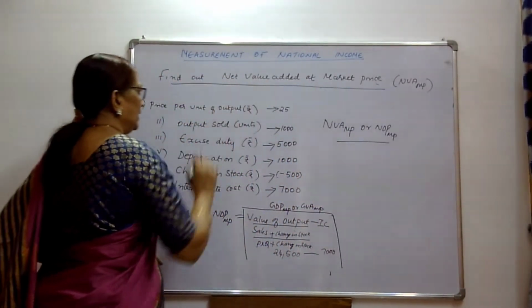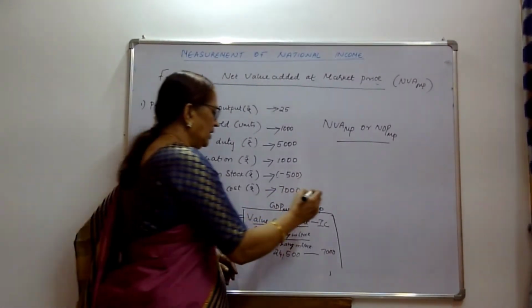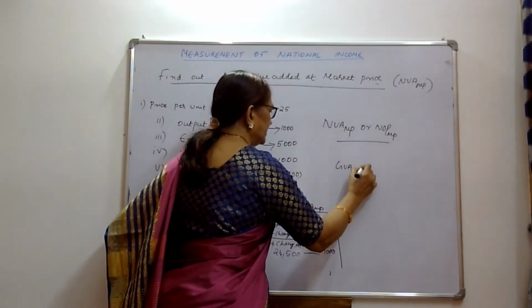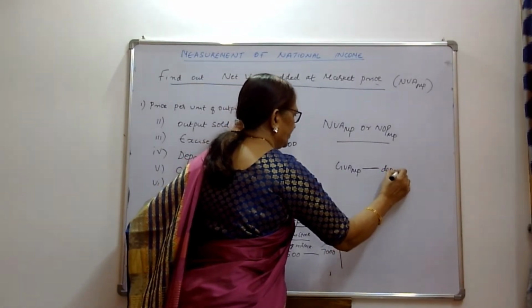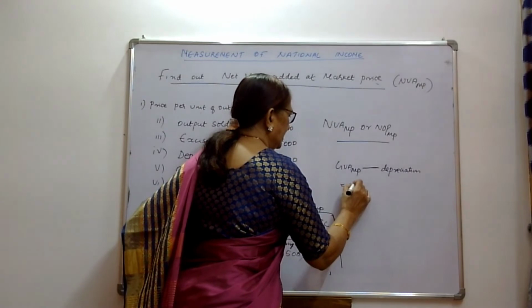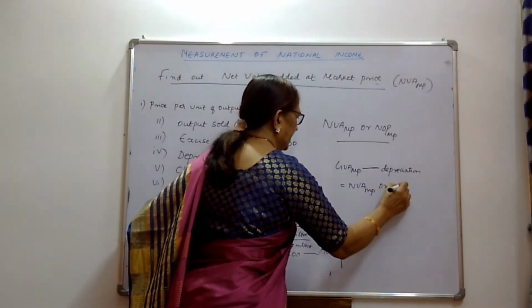We have to calculate net value added at market price. So, gross value added at market price, or GDP at market price, minus depreciation, we get net value added at market price or NDP at market price.